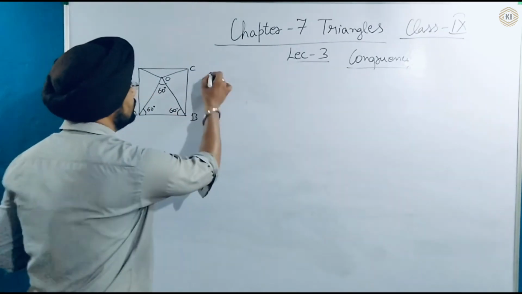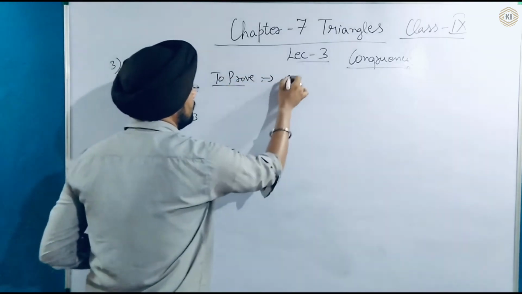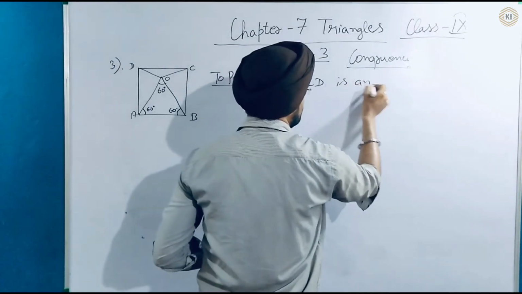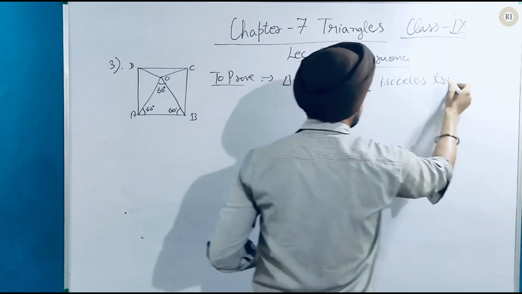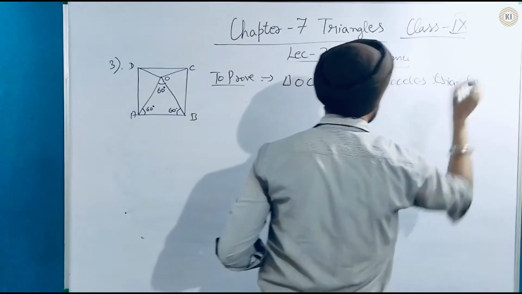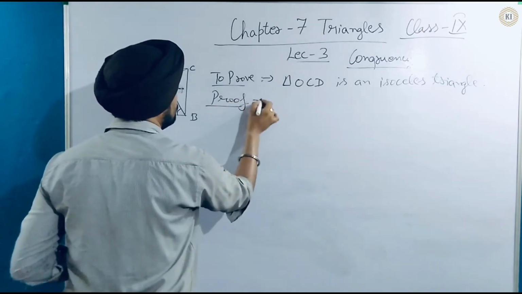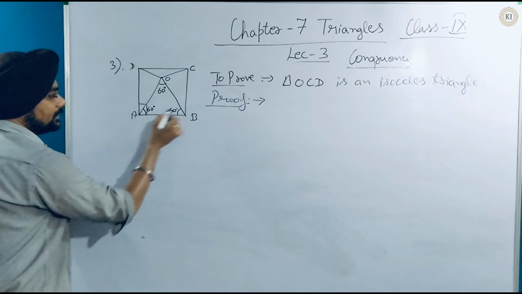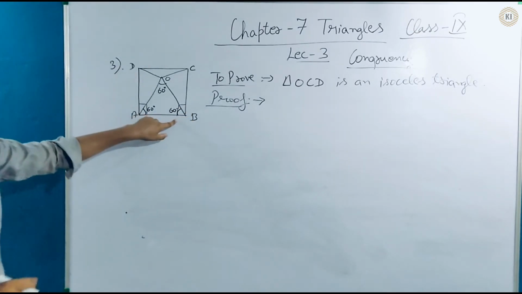In this question we have to prove triangle OCD is an isosceles triangle. So now see how to prove. As it is a square, this total angle will be 90 degrees. OAB is an equilateral triangle.